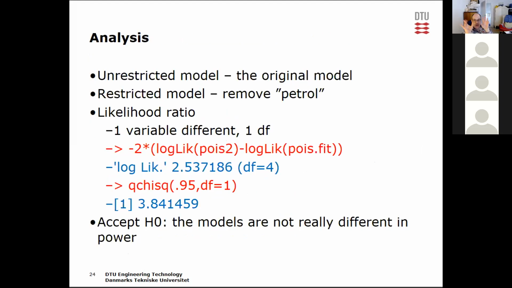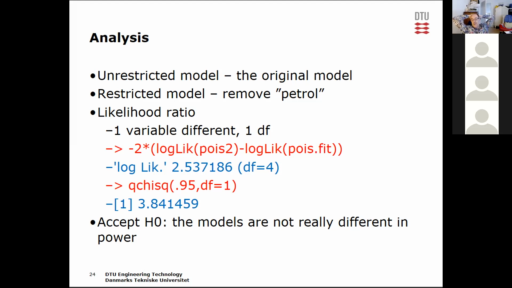So we do that and rerun the model in R, and I'll talk slowly here to give you a chance to do that. Rerun that model, but create Poisson 2, which has the model with the petrol taken out. So no petrol in that model.